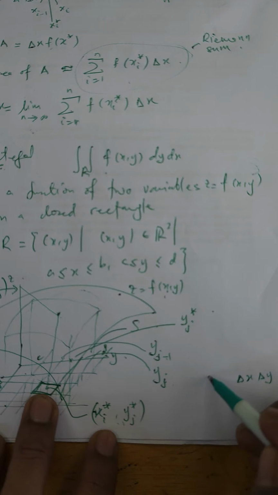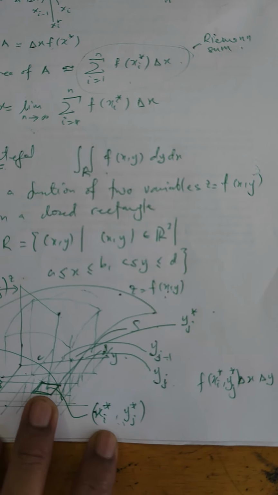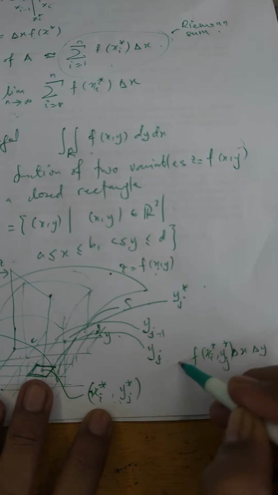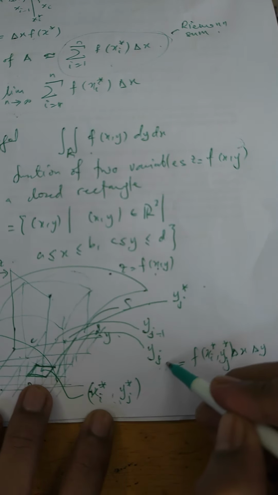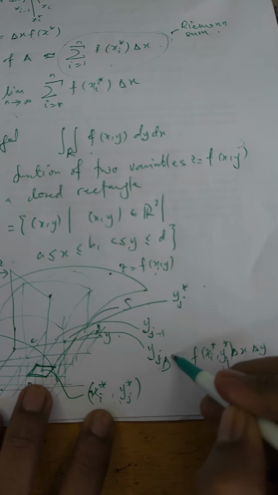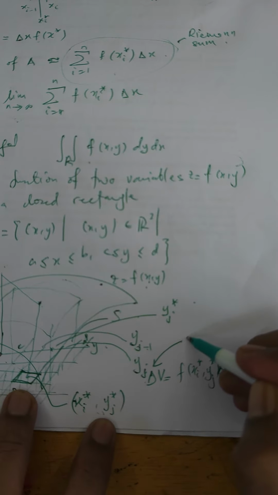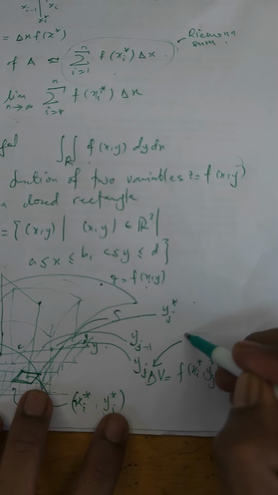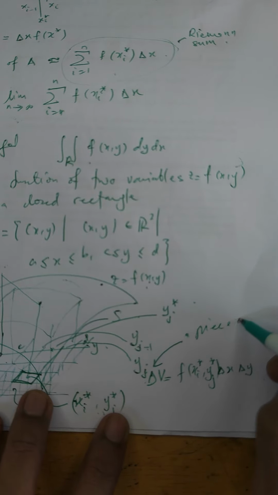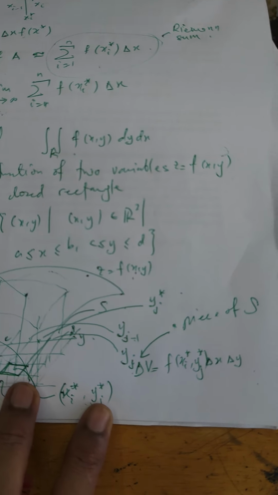So this gives part of the volume, not the whole. Let's call this delta V, a small piece of the solid S.